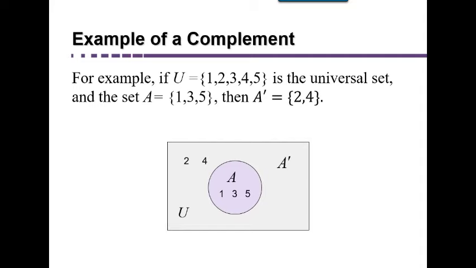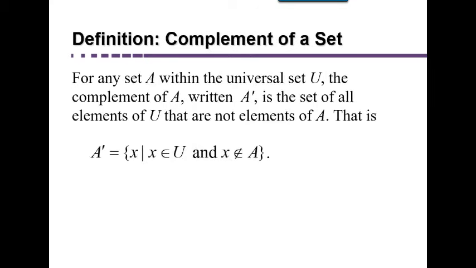So in the example that we discussed, where U contained 1, 2, 3, 4, 5, and A was the set containing 1, 3, and 5, then A complement would be the set 2, 4 that contains the elements that are not in A.